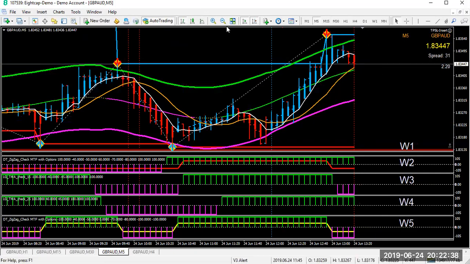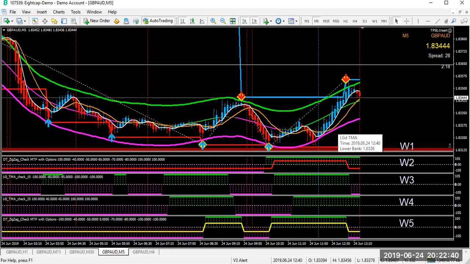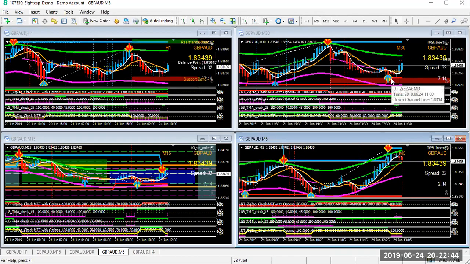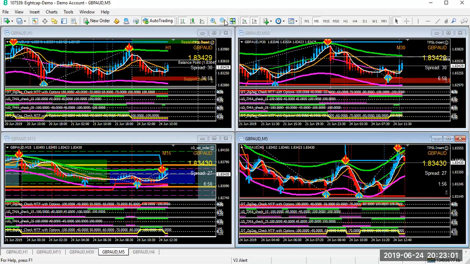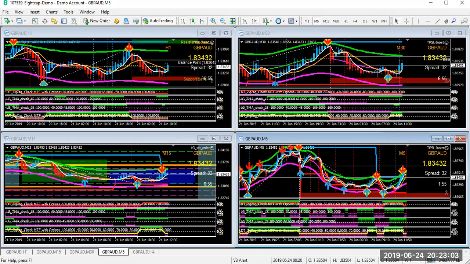So really, you can see in the multi-chart. So I've just pointed to the 30-minute extreme, the 1-hour extreme, the 15-minute extreme, and the 5-minute extreme.